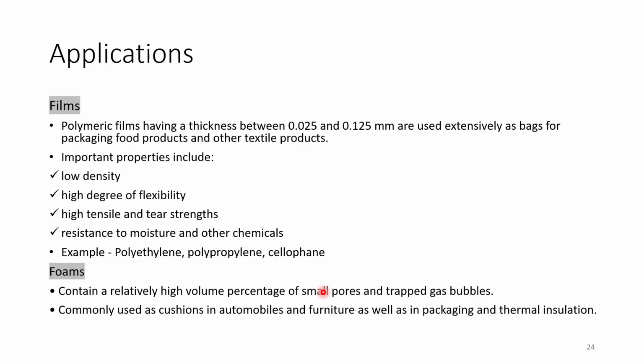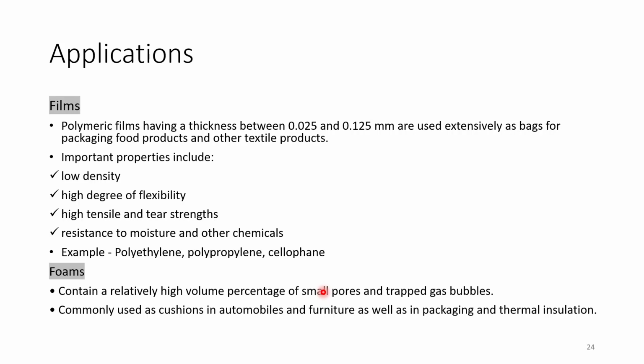Some of the important properties include low density and high degree of flexibility. So these thin films will be flexible and have low density, and they also have high tensile and tear strength. They also have resistance to moisture and other chemicals, and examples include polyethylene, polypropylene and cellophane type of thin films.